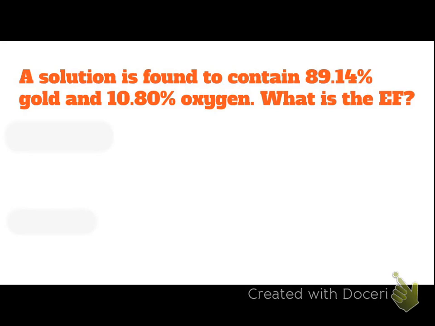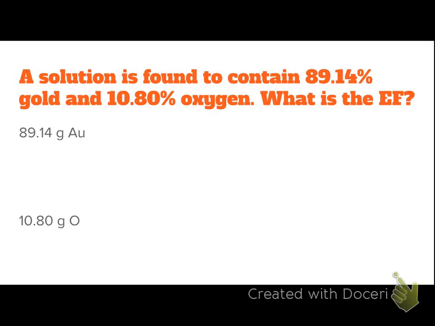But what did we say about percentages? We are going to assume that we have 100 grams, so we're going to make those percents into grams. So instead of being 89.14% gold, we have 89.14 grams of gold. And then we're going to do the same thing with the oxygen. Convert those percentages into grams.